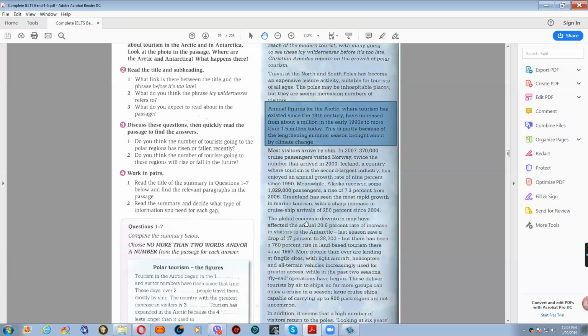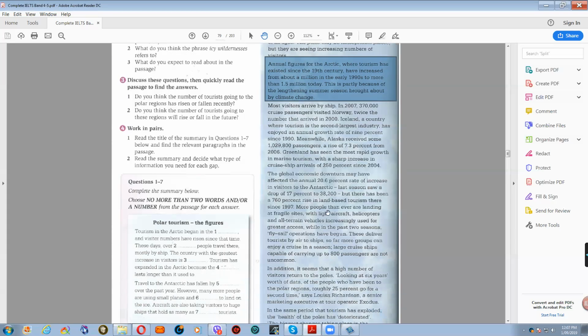Arctic, Antarctic. So what do they say, up or down? They say that tourism exists from the 19th century and it has increased. Those two are up. What about the Antarctic? It has dropped a little bit. The visitors have decreased a little bit.